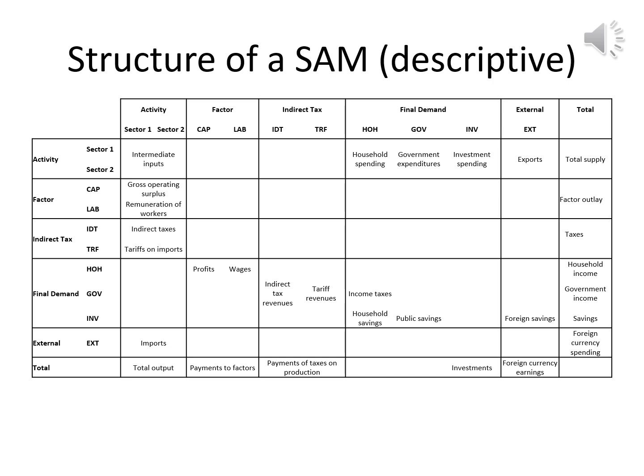After you're done with SAM, if you understand the structure of the SAM, the next thing to do is put in the behaviors of these institutions. If you look at the final demand block, you'll see households, government, and also the external sector. These are named institutions in an economy.